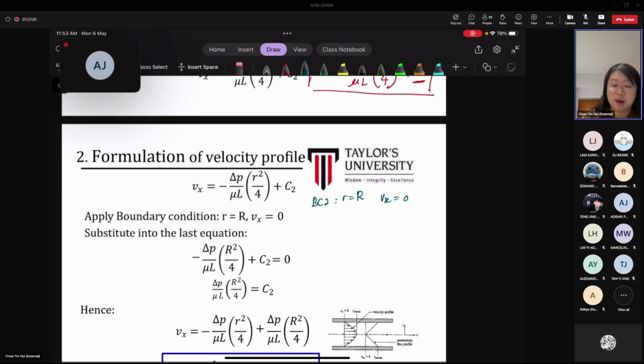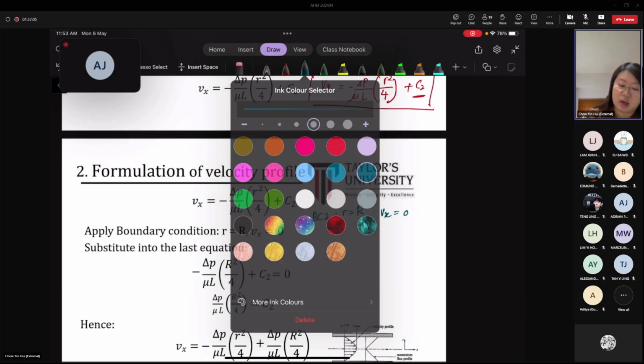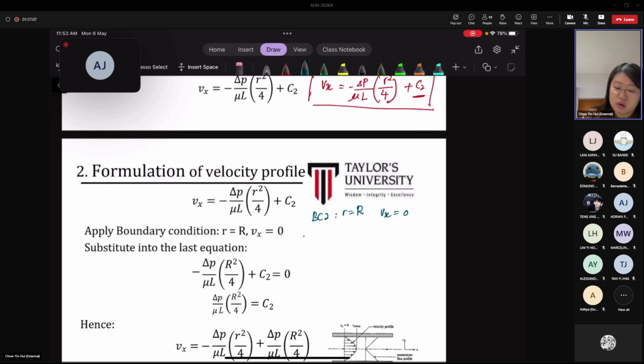So substituting that into this equation, delta P over mu L times R squared over 4 plus C2 equals 0, which means C2 equals delta P over mu L times R squared over 4, right?